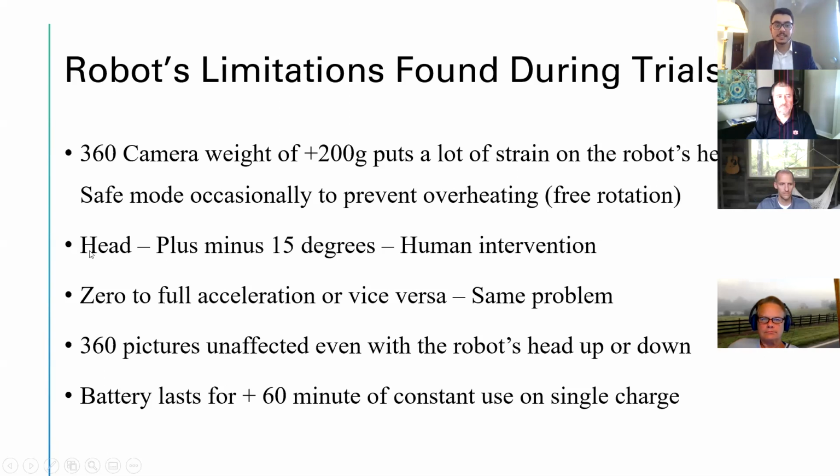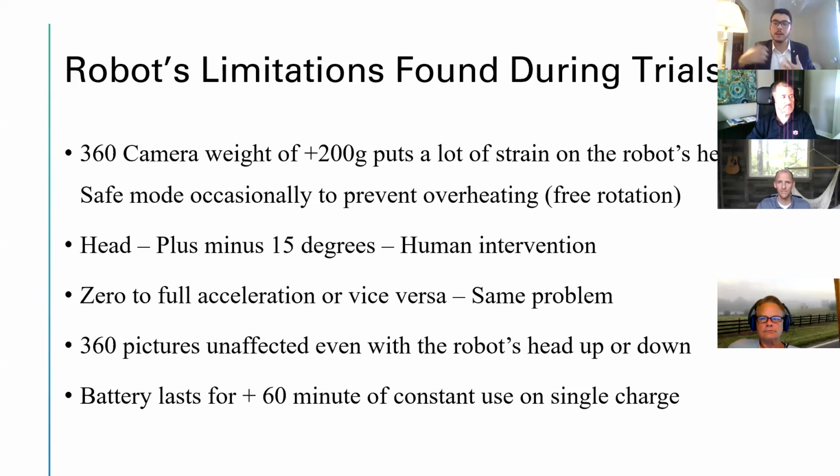The second thing was that as soon as you move the head plus or minus 15 degrees in the up or down direction, it goes all the way and gets stuck either all the way up or all the way down. So you have to make sure that manually, while you're controlling it through your laptop or your phone, you don't move it up or down too much.